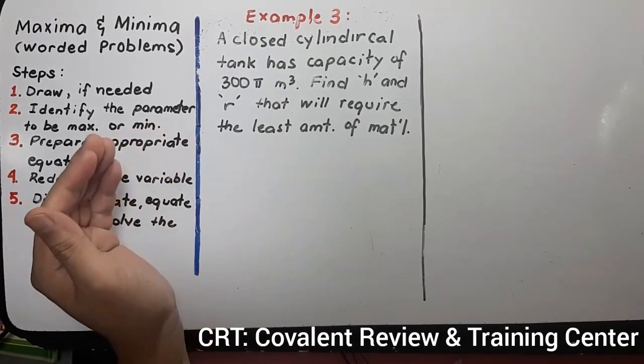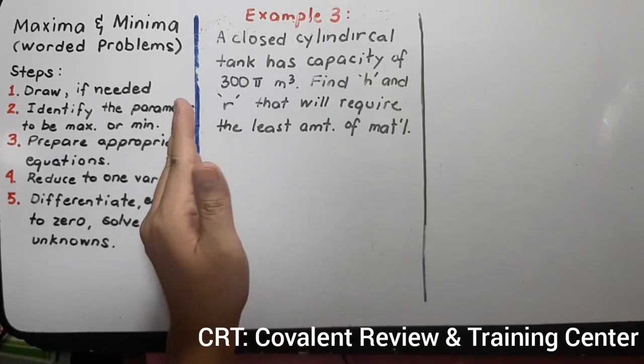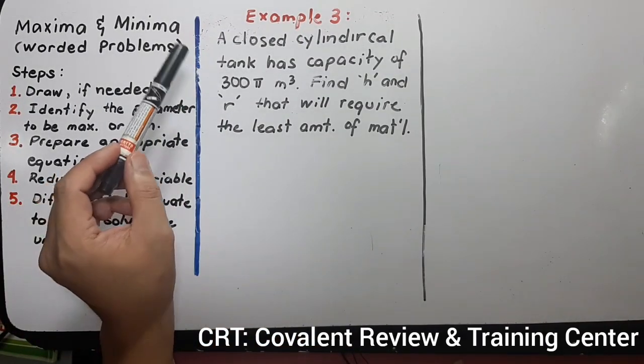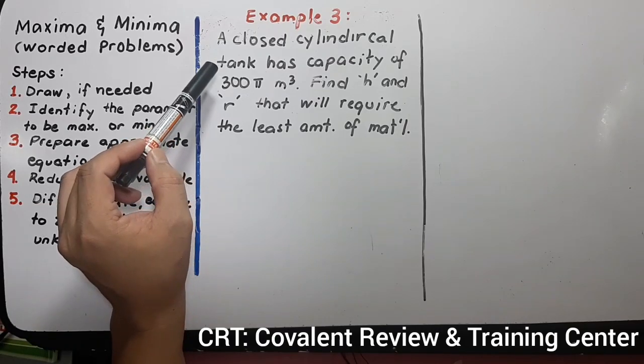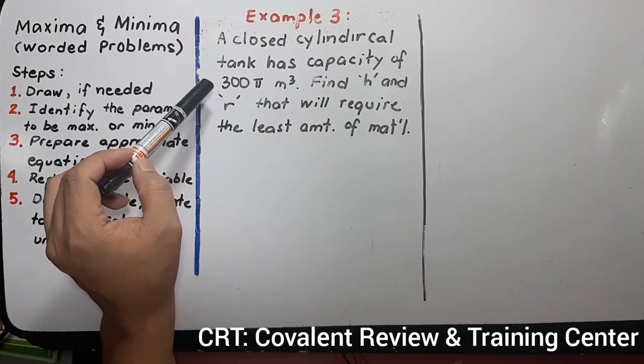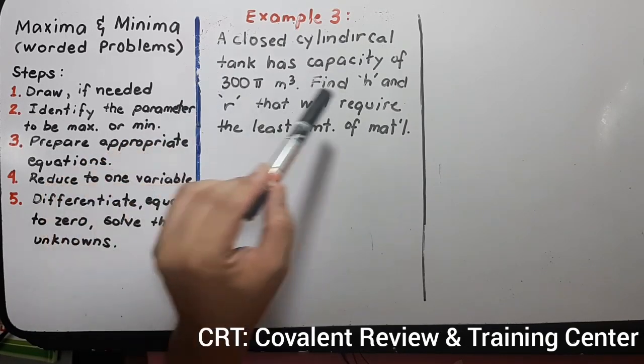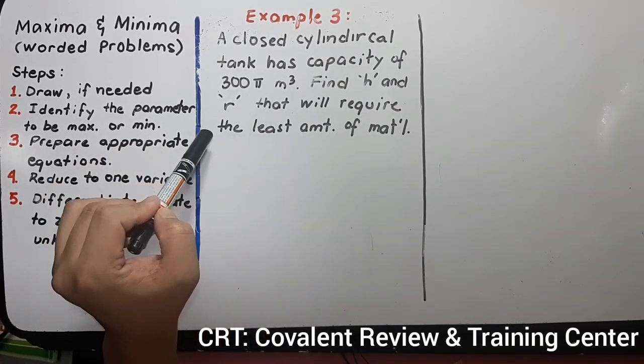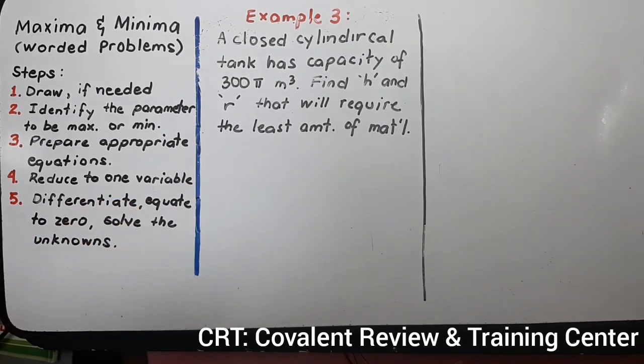Example number 3 is an application of example number 2. So the problem is, a closed cylindrical tank has a capacity of 300 pi cubic meter. Find the height and the radius that will require the least amount of material.